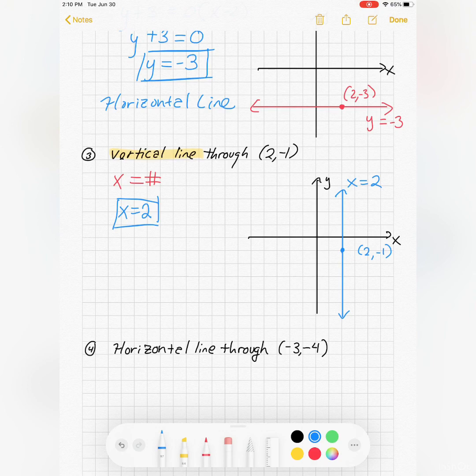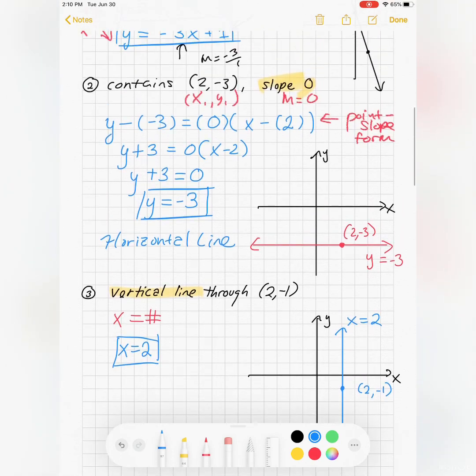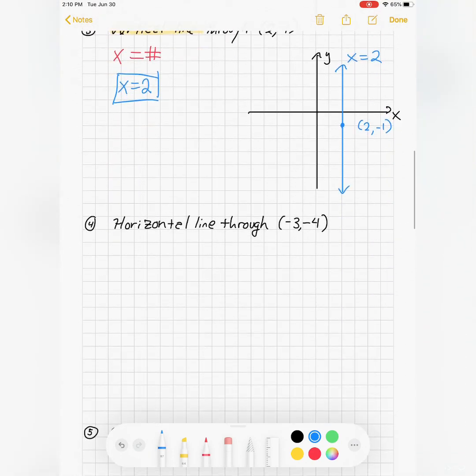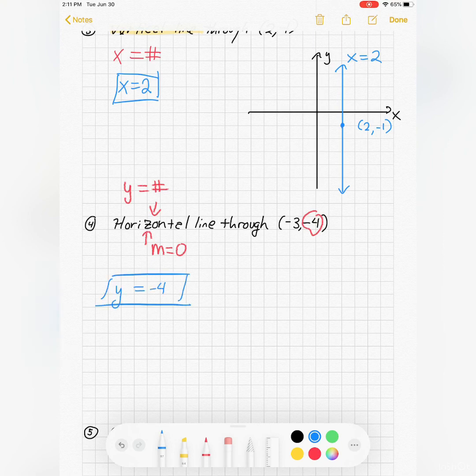Well, here's another special one. This is almost like number 2. If I know I'm dealing with a horizontal line, I know the slope is 0. I know horizontal lines are y equals a number. What number is the y? It's -4. I mean, I'm done.